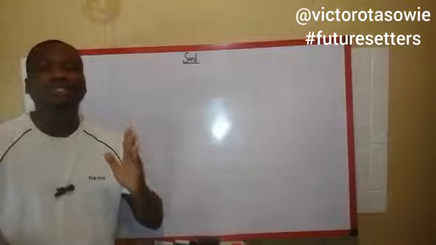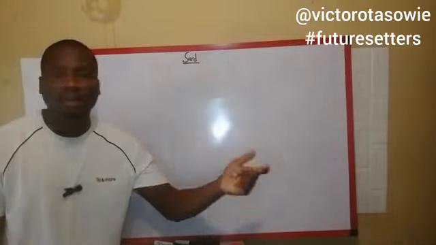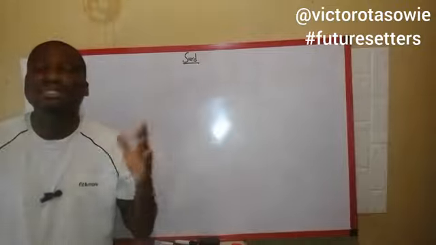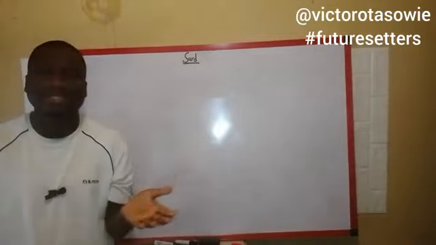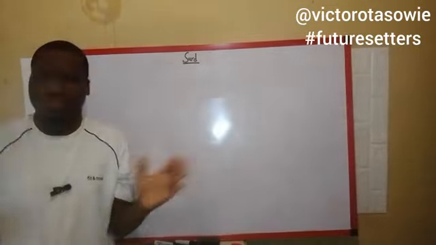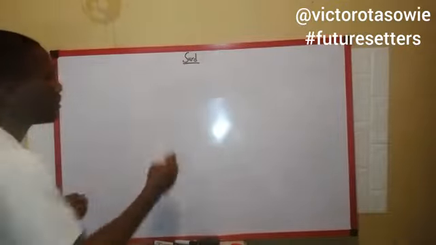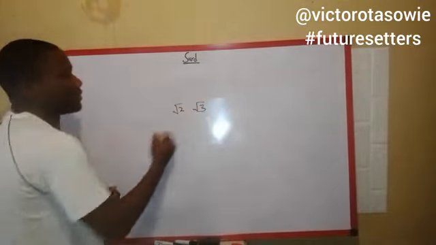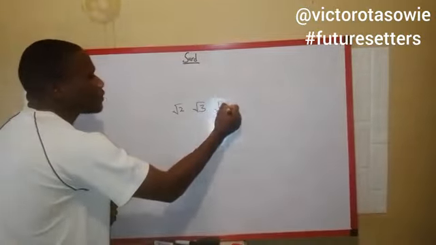Now, surd has to do with irrational numbers. You see, there are some numbers that when you are dividing, they don't really give you good values. For example, square root of 2, square root of 3, square root of 5.